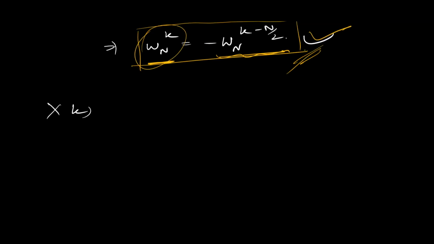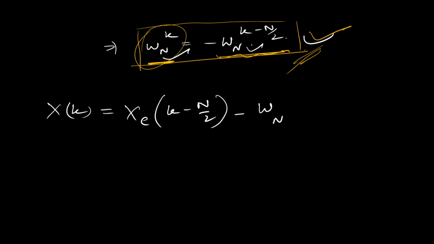X of k will now become equal to X even of k minus N by 2, minus, in place of this I'll write this, so the negative sign will come in front, W_N to the power k minus N by 2, X odd of k minus N by 2. Mark this equation number 2.